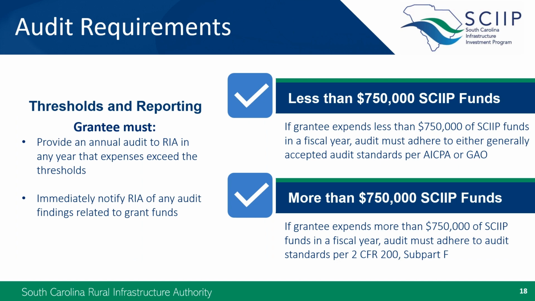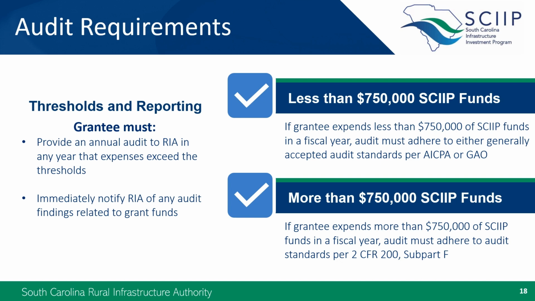Before I conclude this presentation, I want to cover audit requirements. Grantees will be required to provide RIA an annual audit in any year that expenses exceed the following thresholds. If less than $750,000 of SCIIP funds is spent during the grantee's fiscal year, the audit must adhere to either generally accepted audit standards per the Association of International Certified Professional Accountants or the General Accounting Office, whichever is applicable.